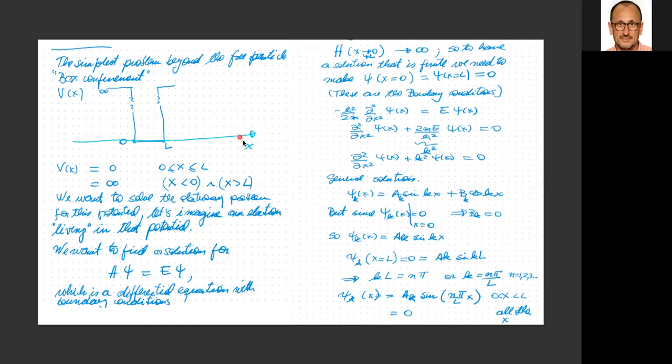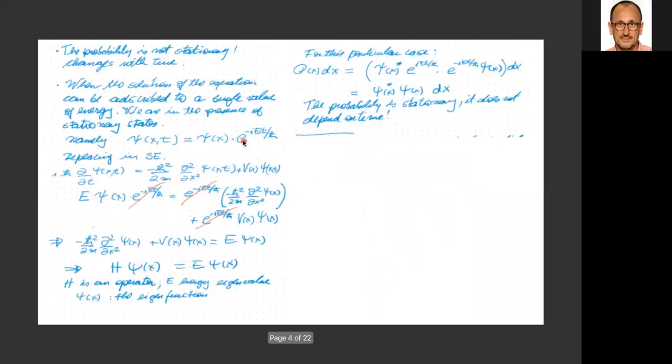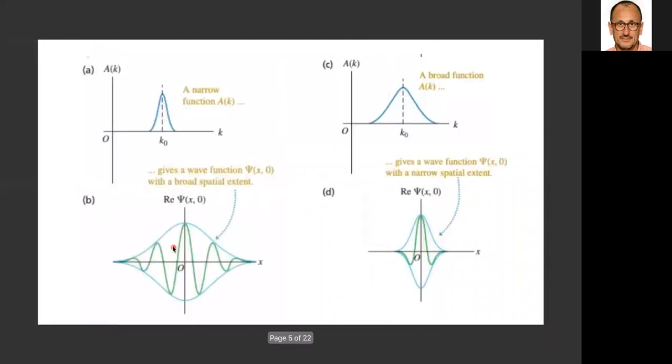So we want to solve the stationary problem. What does that mean? As I mentioned before, we have taken out the factor e to the minus iEt over h bar, and we are essentially solving this equation with V(x), the potential that I have just shown you. Okay.